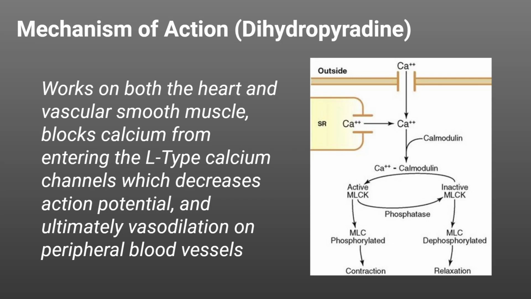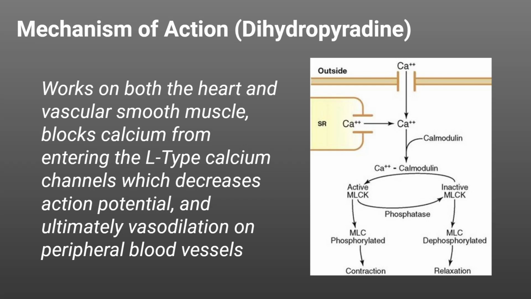Essentially, calcium enters the cell, the sarcoplasmic reticulum releases calcium, and calcium and an enzyme called calmodulin combine together, and when this happens, it essentially causes the inactive form of myosin light chain kinase to become active. And when myosin light chain kinase is phosphorylated, it causes a muscle contraction, shown on the right here.